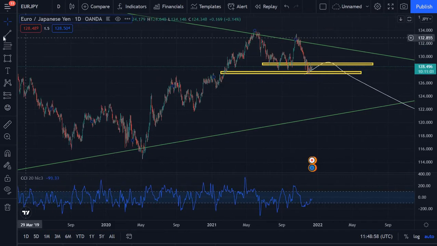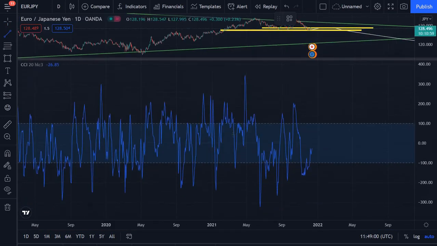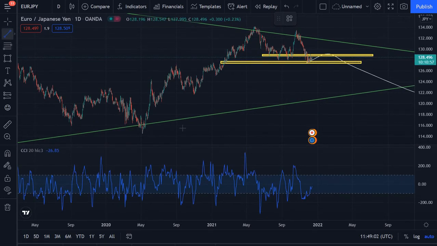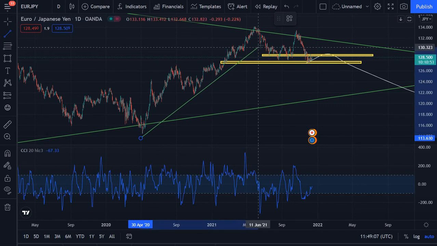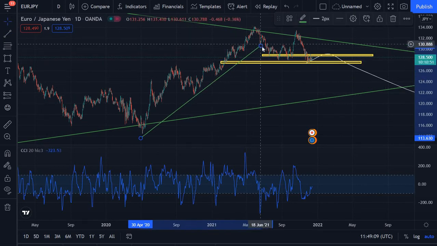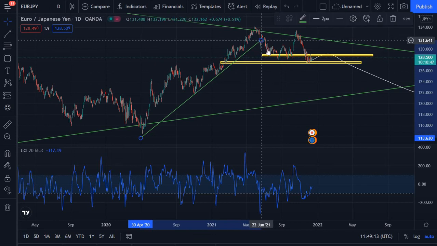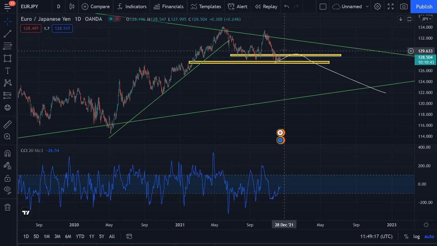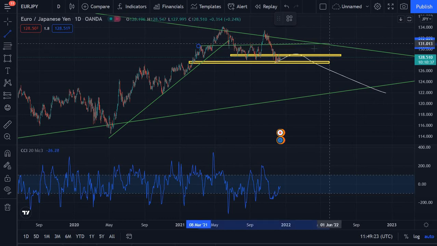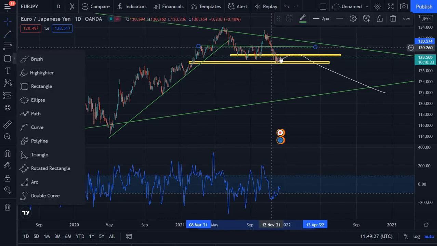We had this uptrend, broke out of this trend line here. So a pullback, moved higher, and now we are going to the lower part again. Maybe we could reach here in this zone and then pull lower from there.